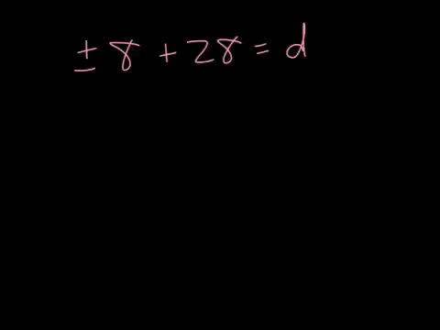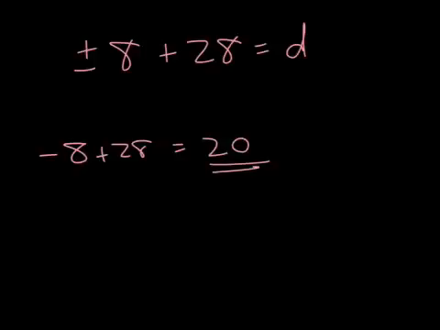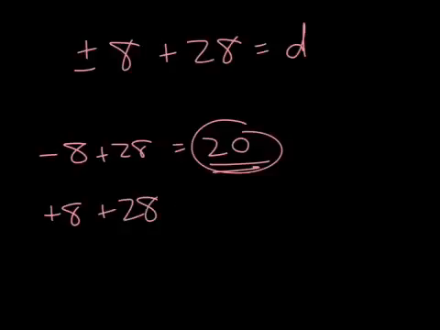If I do negative 8 plus 28, that gives us the one we'd already seen before: negative 8 plus 28 is 20. So we knew that at a horizontal distance of 20 meters we would get a height of 45. But it's this other value we hadn't looked at before, which is positive 8 plus 28, equal to 36.